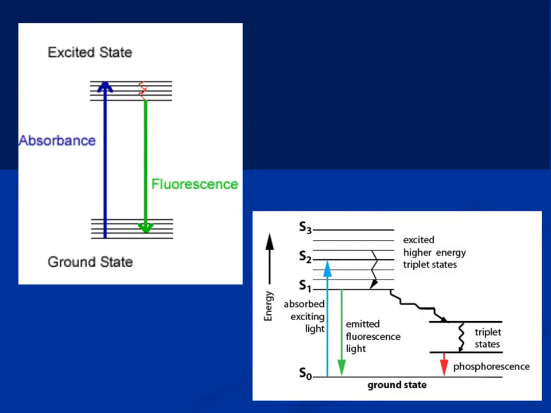As I discussed about phosphorescence, I don't know if you remember, there are singlet and triplet states. When two electrons are paired, it's a singlet state, and when they are unpaired, that is a triplet state. Sometimes these transitions happen, and triplet states are more stable.